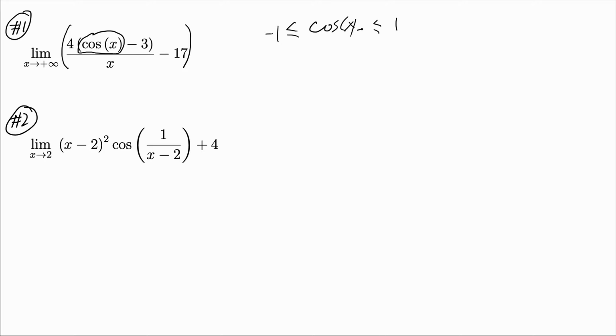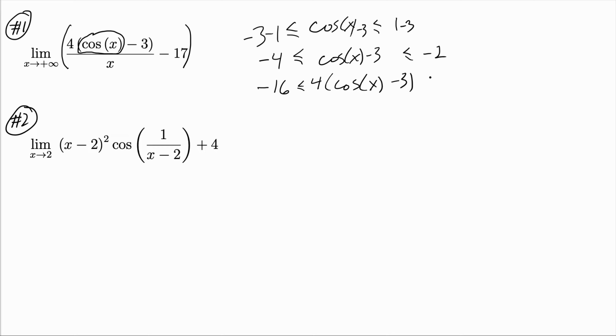So if we subtract 3, that's going to be sandwiched between -4, cosine x minus 3, and -2. Now multiply all that by 4. We would end up getting -16 is less than or equal to 4 times the cosine of x minus 3, and that's less than or equal to -8.